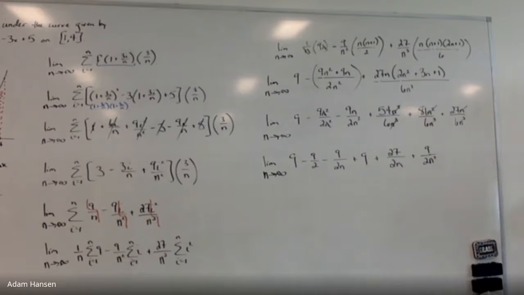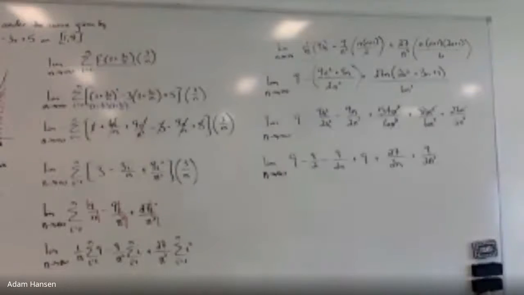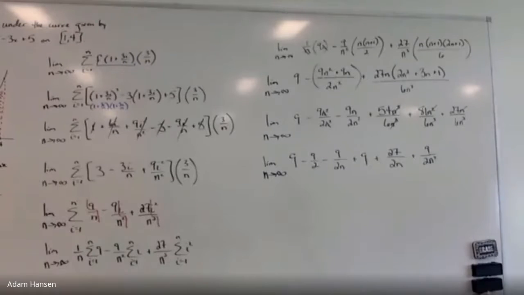Writing each of these this way makes this next step much easier. As I take the limit as n goes to infinity, are any of these terms going to cancel out? Let n get infinitely large. Which terms are going to stay? Which terms are going to go? So the third term and the last term.